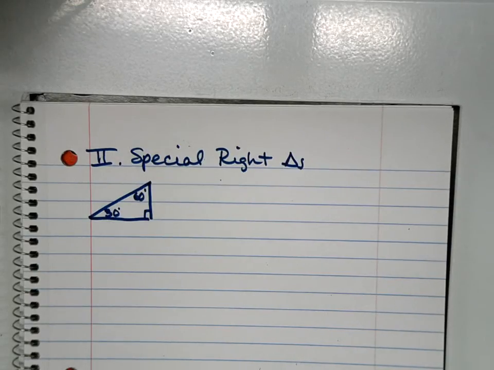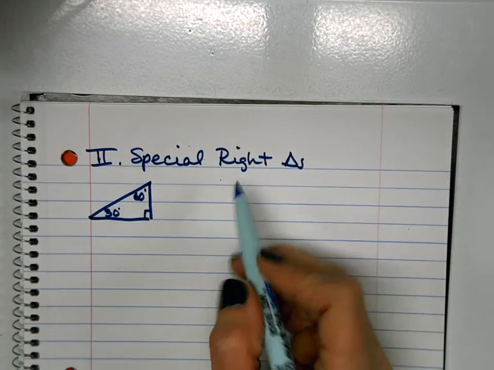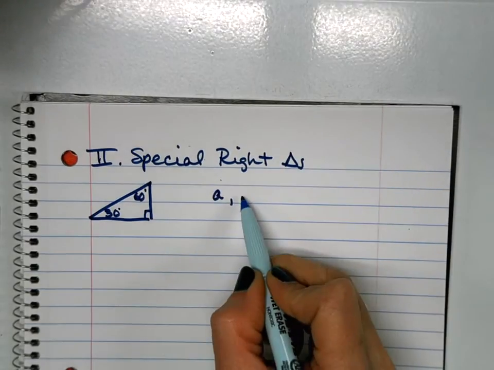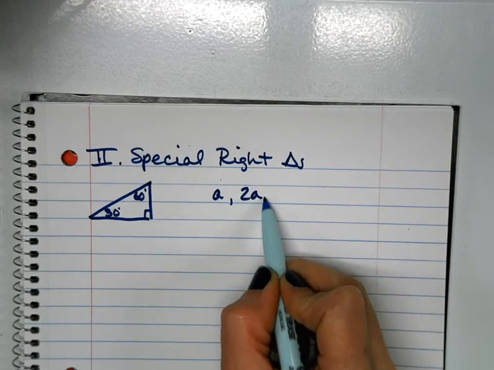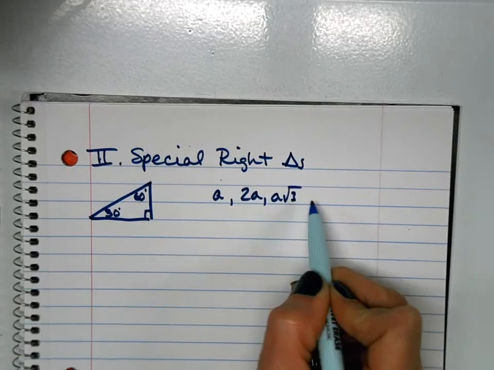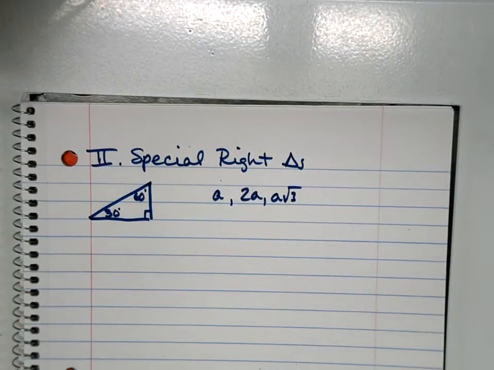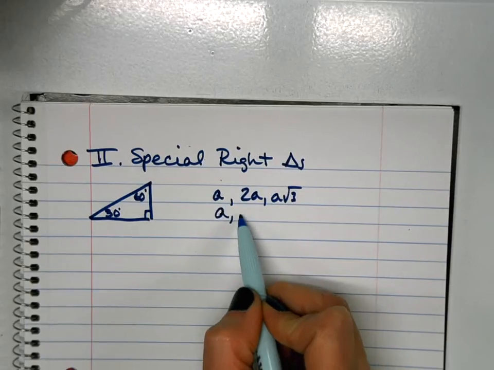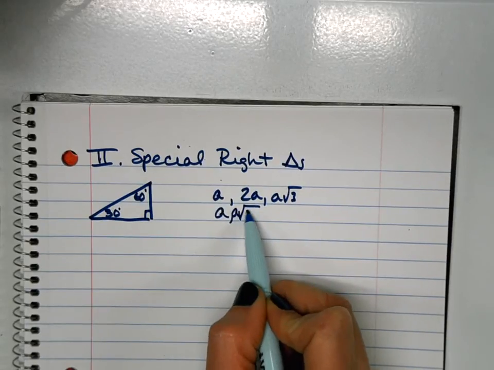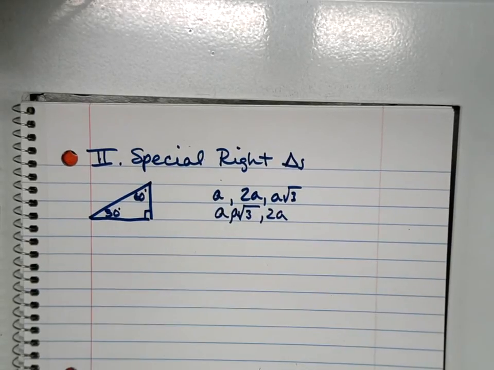We had a, 2a, and a root 3. Which is bigger, 2a or a root 3? 2a. So get in the habit of writing a, a root 3, 2a, to keep it in order.